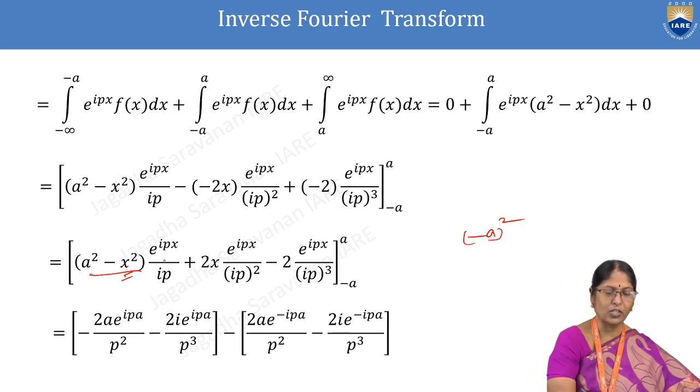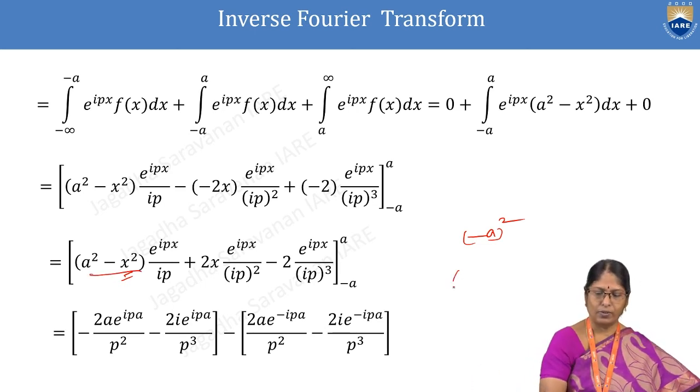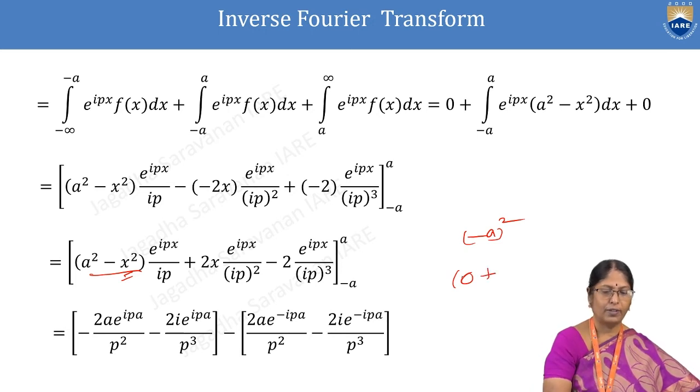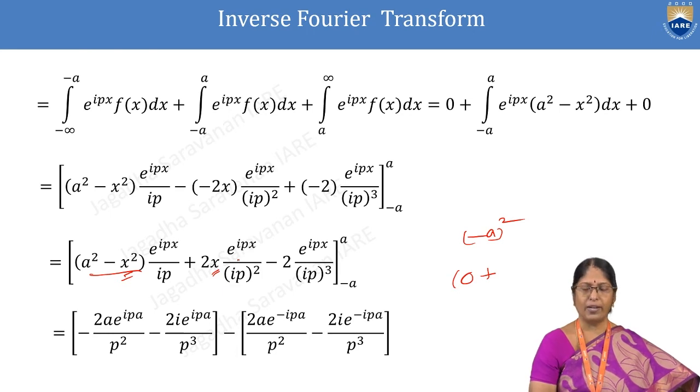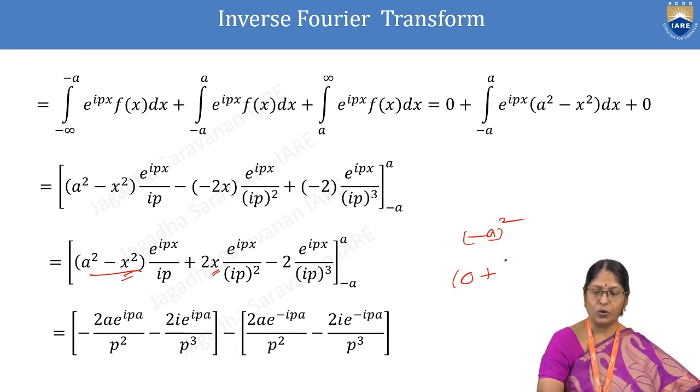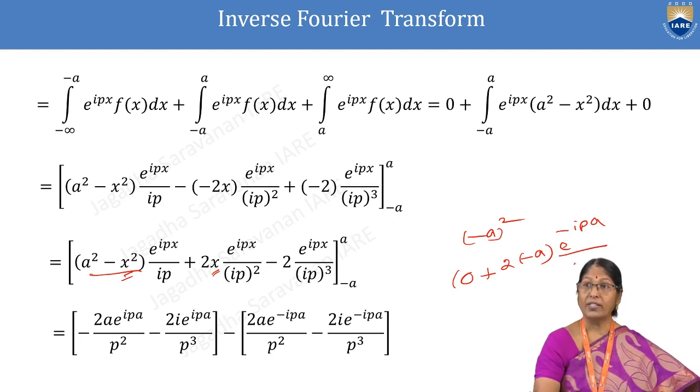A square minus a square is 0. So the first one is 0 plus, here we put minus a, so 2 into minus a, e power minus ipa divided by i square p square, that means minus p square.